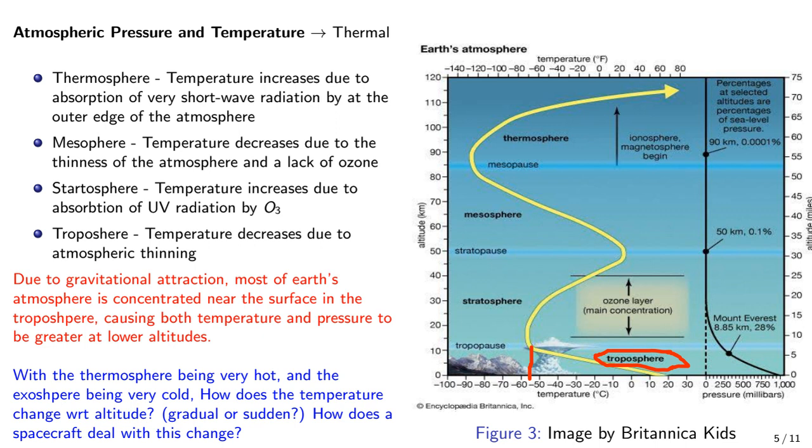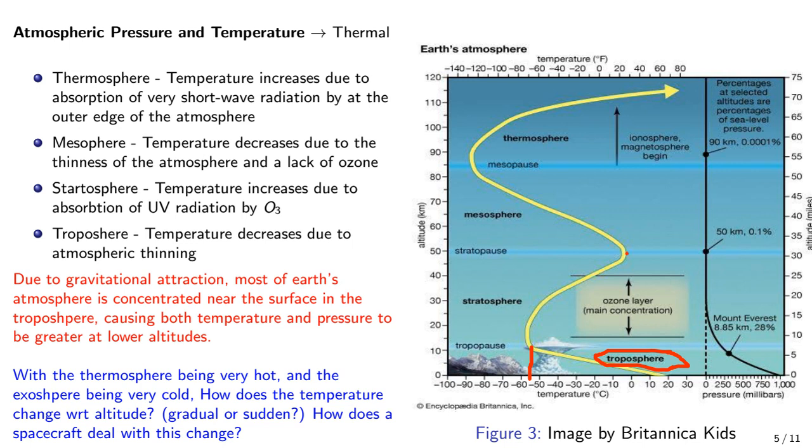Now you pass through the tropopause and get into the stratosphere, and you see what happens to your temperature. It increases again until you get to the stratopause, where the temperature is negative 10 degrees.